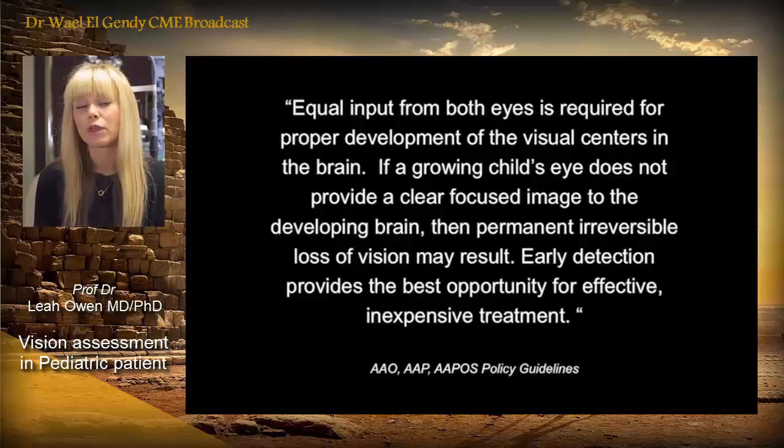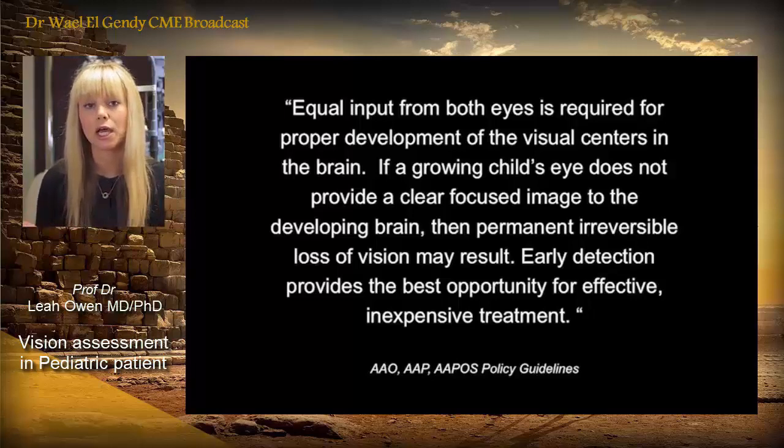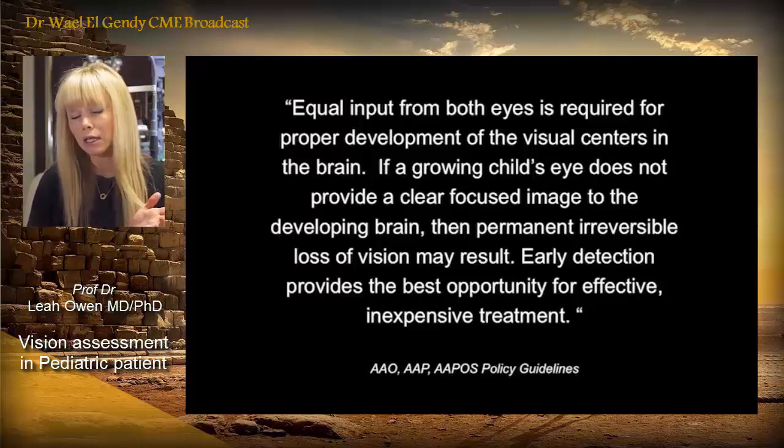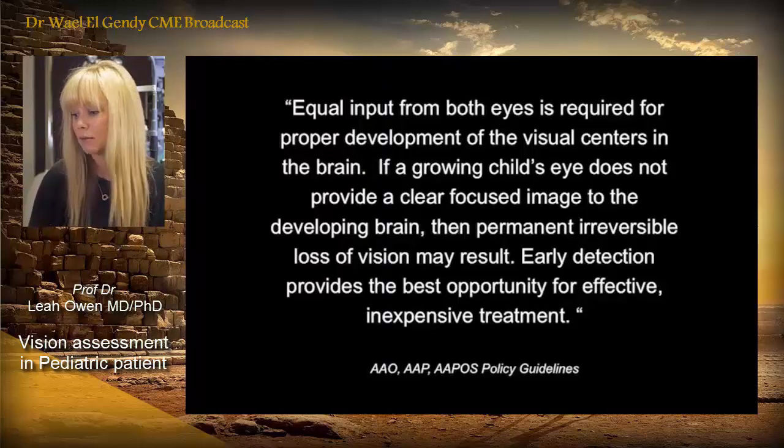And so when we're testing the use of each eye individually, we are asking ourselves, does this child use each eye equally, and therefore do they have normal visual development? So it's a very important parameter, but it's a little bit different way to think about it than we do in adults.